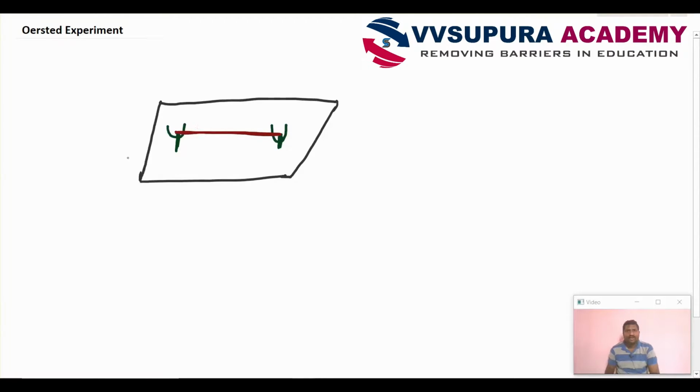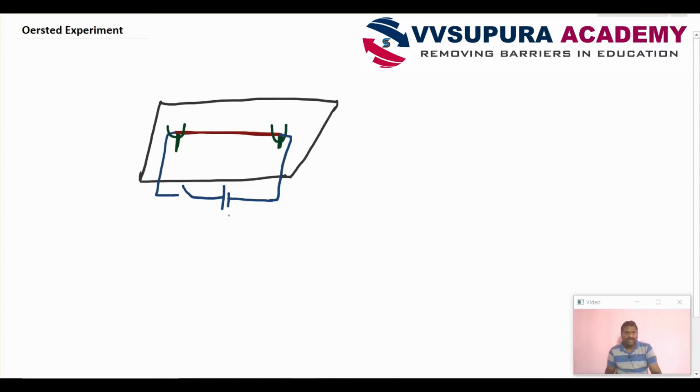One end of this copper wire will be connected to a switch and a battery, and the negative terminal is connected to the other terminal of the copper wire.